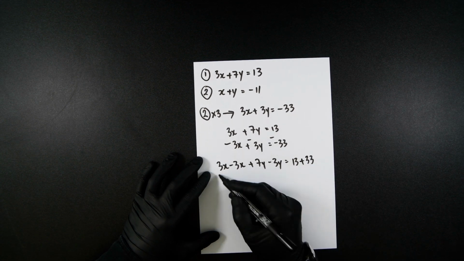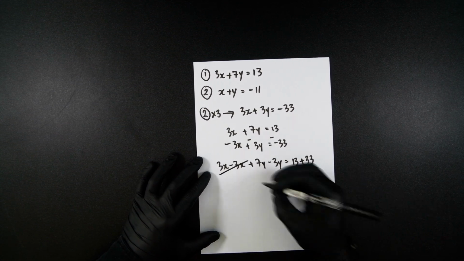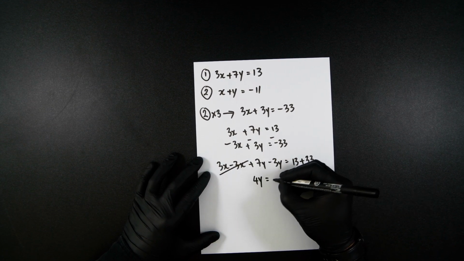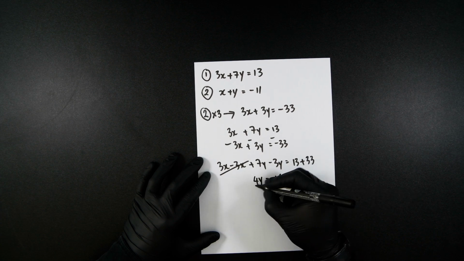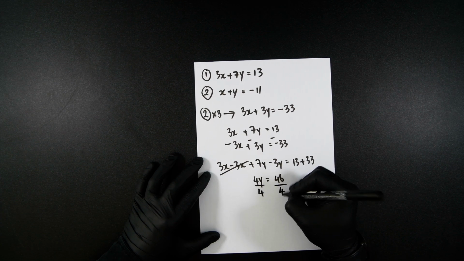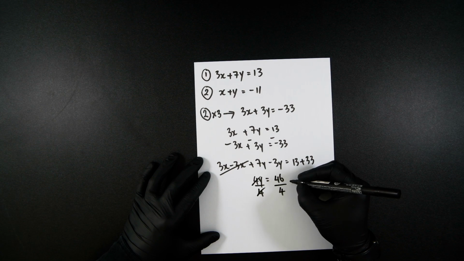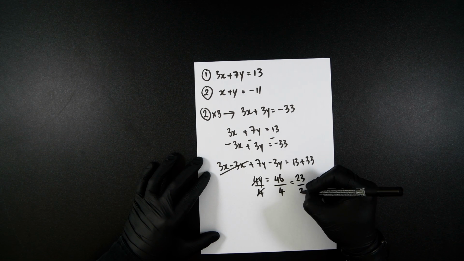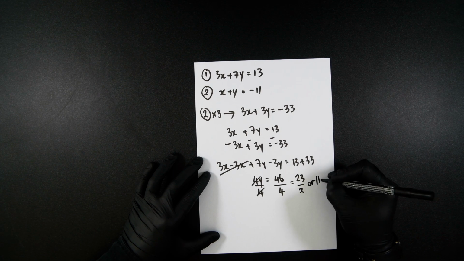So now we can clean up. 7y minus 3y is 4y, and 13 plus 33 is going to be 46. If we divide both sides by 4, you'll get y equals 46 over 4, which is the same as 23 over 2, or 11.5.